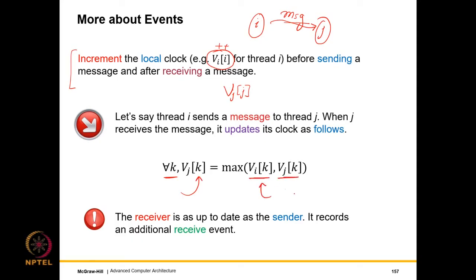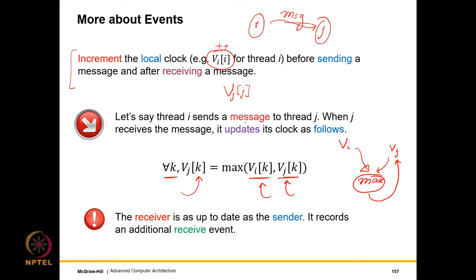Think of Vi as something that is being sent along with the message, and Vj is the local clock. Then we compute this max operation, and the final result is used to replace Vj.